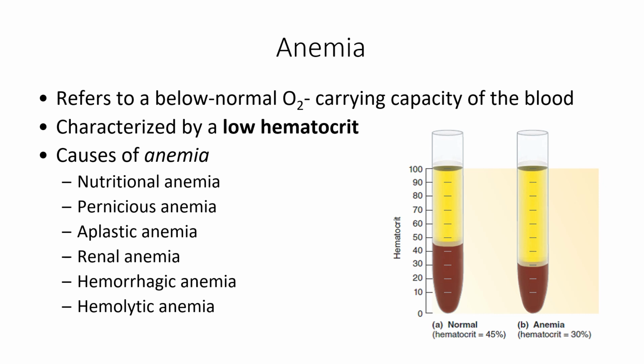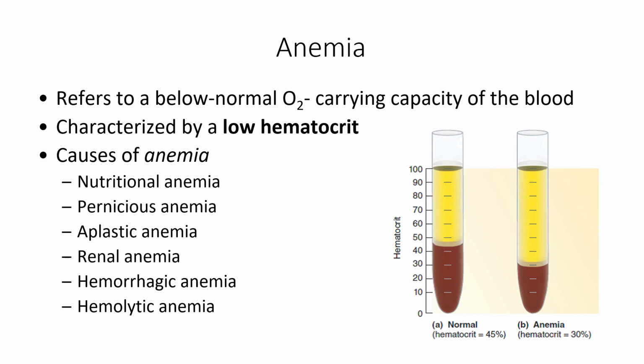So now that we've talked about erythropoiesis, let's talk about anemia. Anemia meaning below normal oxygen carrying capacity within the blood. It is often characterized by a low hematocrit. Different types of anemia. We have nutritional anemia, usually because we do not have enough iron.